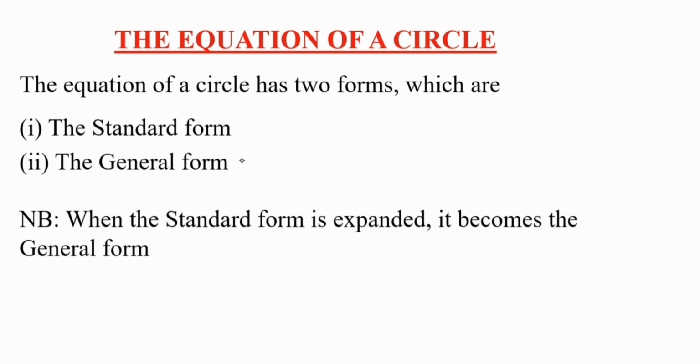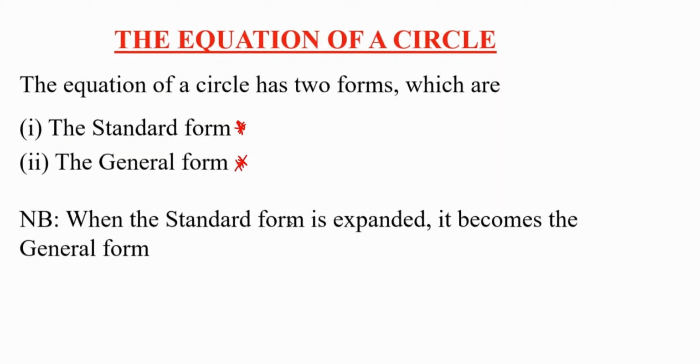Good. The equation of a circle has two forms: one, the standard form, and the next one, the general form. This is what we have to note: when the standard form is expanded, it becomes the general form.